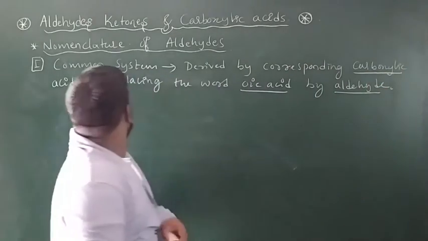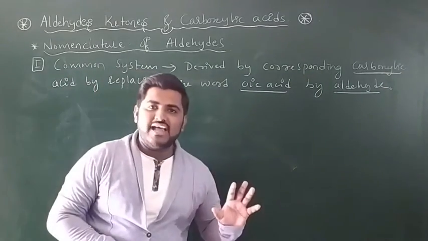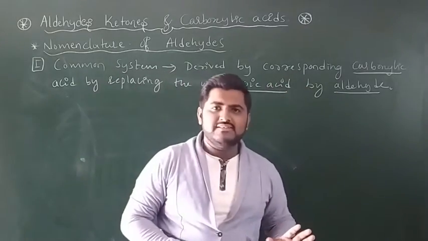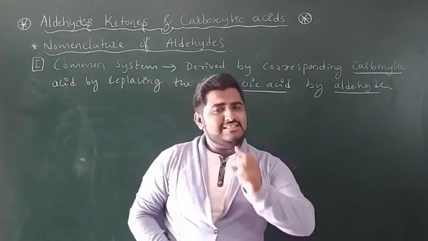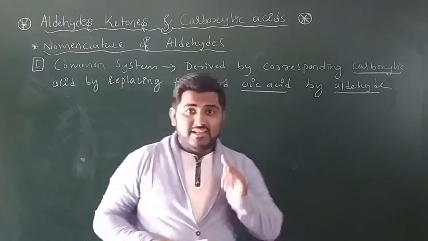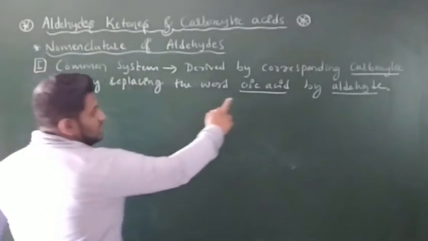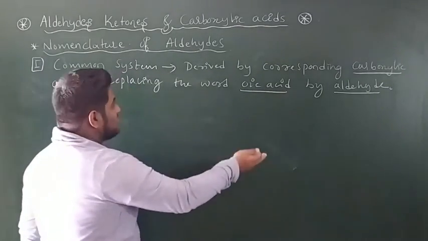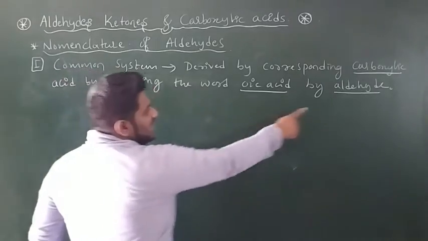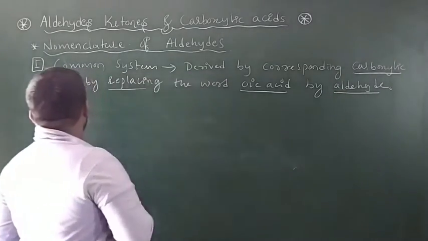Carefully see here guys, in the common system the name is derived from the corresponding carboxylic acid. Whatever the carboxylic acid is there, you have to take the same name. In that, the oic acid word is replaced by aldehyde.